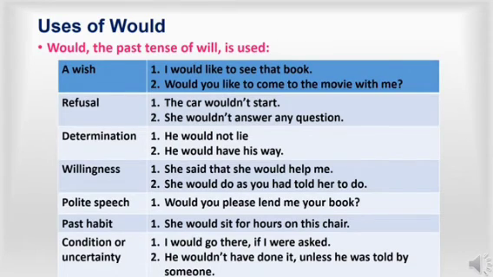If it is a past habit, she would sit for hours on this chair. Condition or uncertainty: I would go there if I were asked. He wouldn't have done it unless he was told by someone. So, this is the way we can use would, the past tense of will.